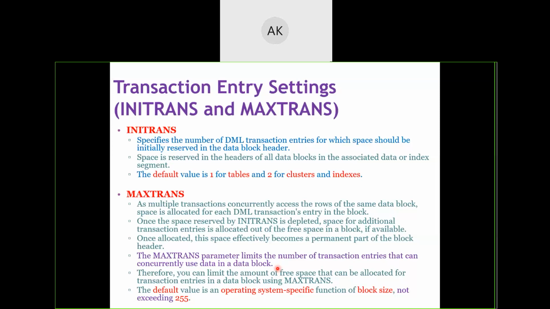Operating system is nothing but a piece of code which is helping a hardware device to function. That's all. So whatever the operating system, it depends on how many maximum transactions it supports, but mostly to a maximum level of 255.